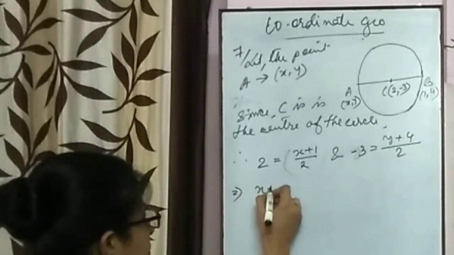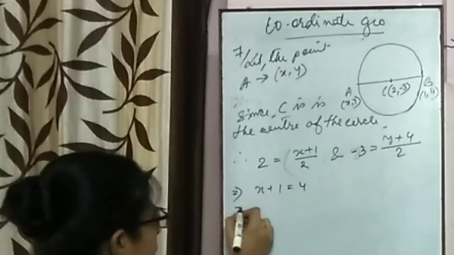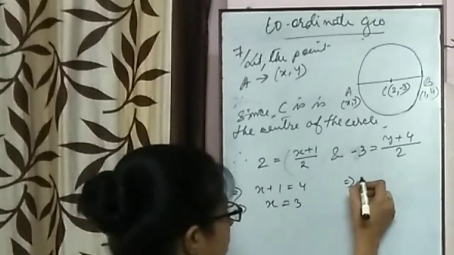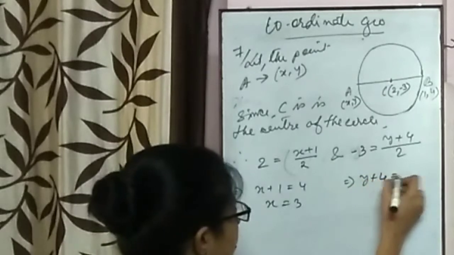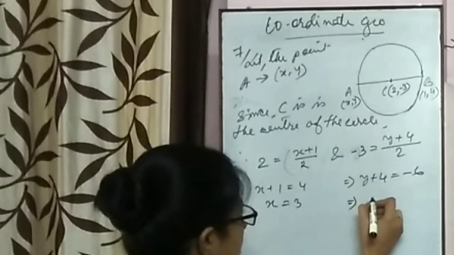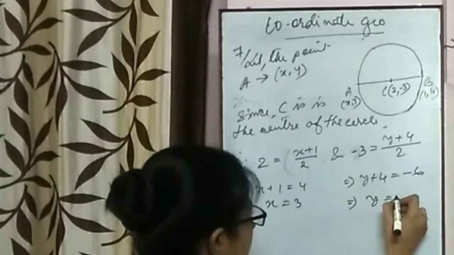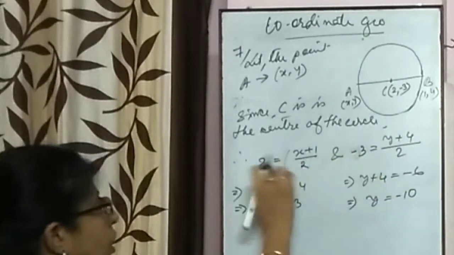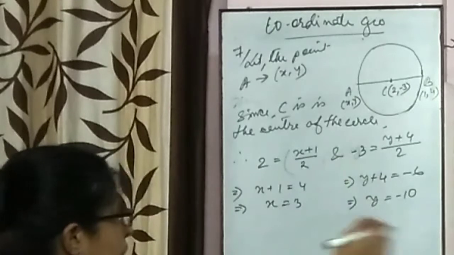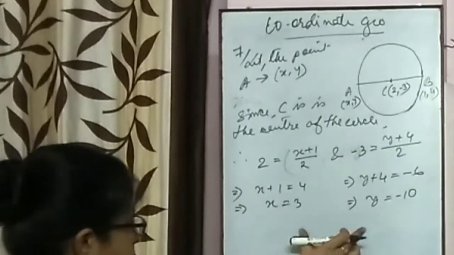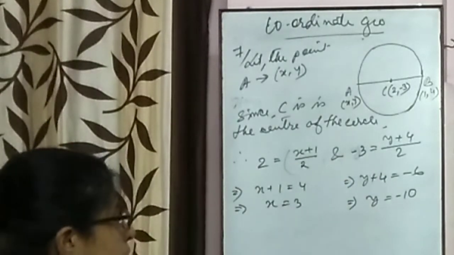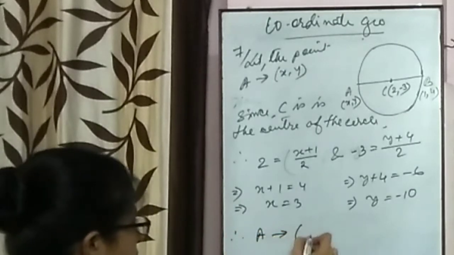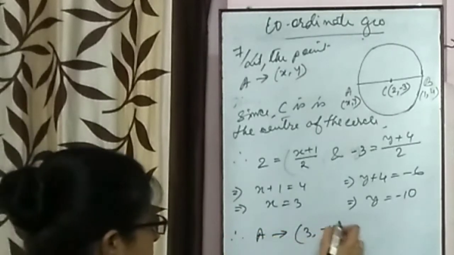Cross multiply: x = 4 - 1 = 3, and y + 4 = -6, so y = -6 - 4 = -10. I have written the x and y coordinates separately; you can also do it with xy together, the same way. Therefore, A is equal to (3, -10).